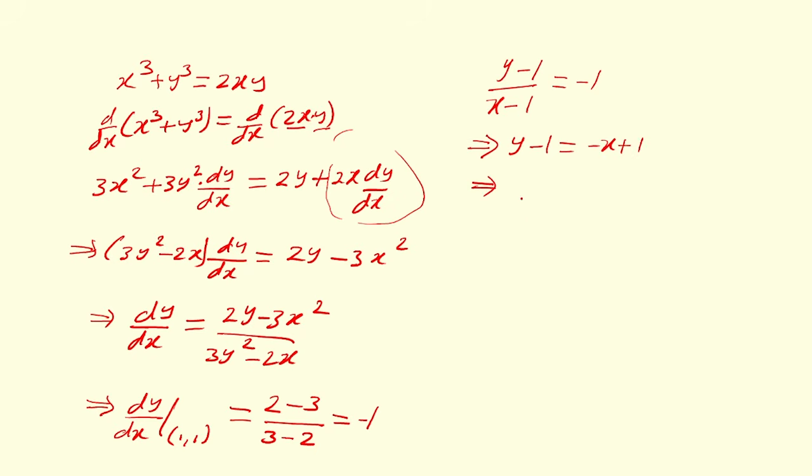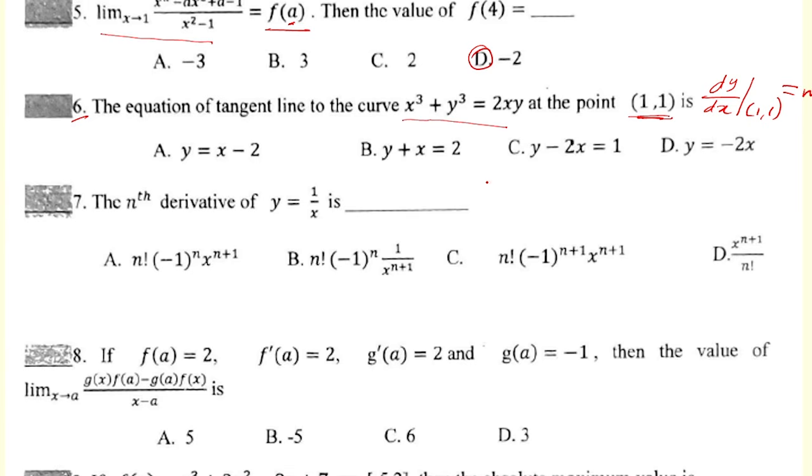Add 1 to both sides. y is equal to minus x plus 2. Or we can add x to both sides and we have y plus x is equal to 2. That's the equation of the tangent line. So our answer is choice B.